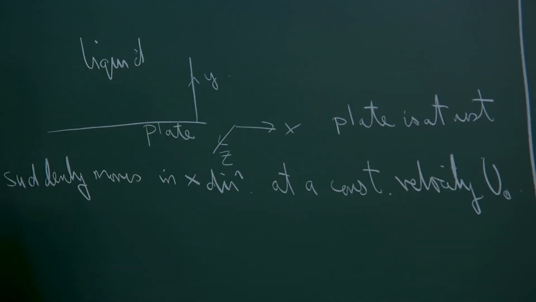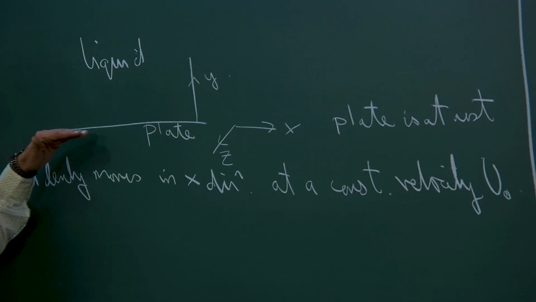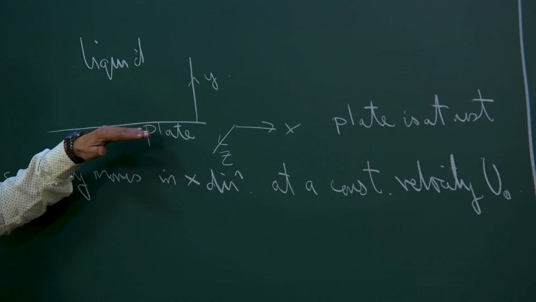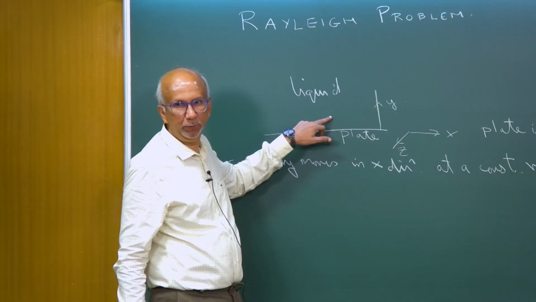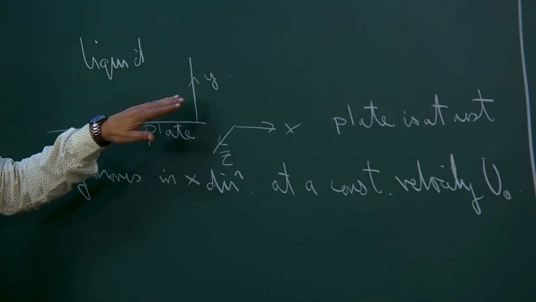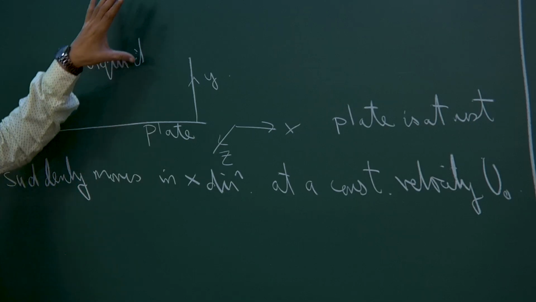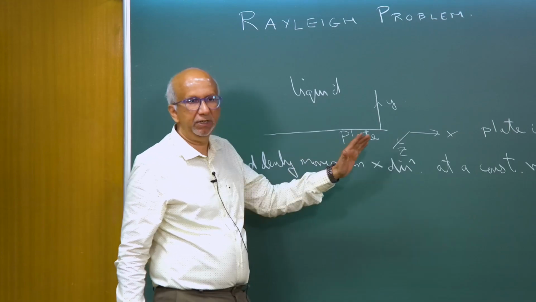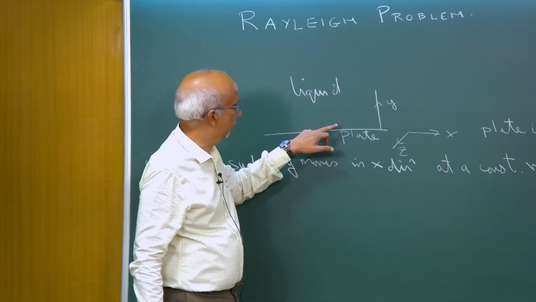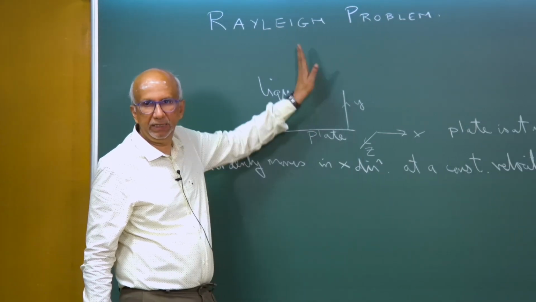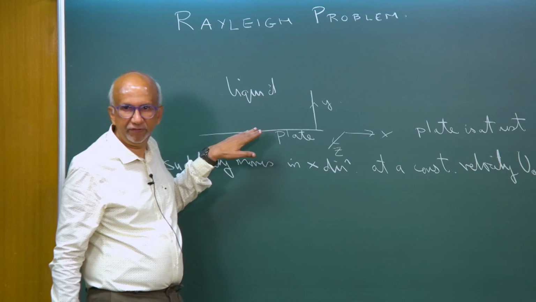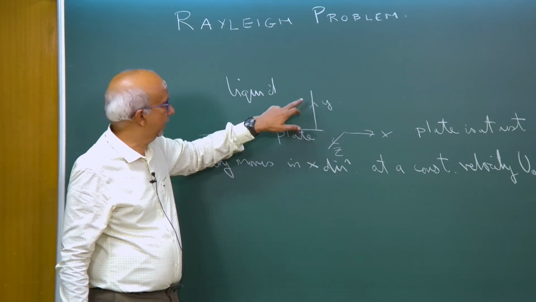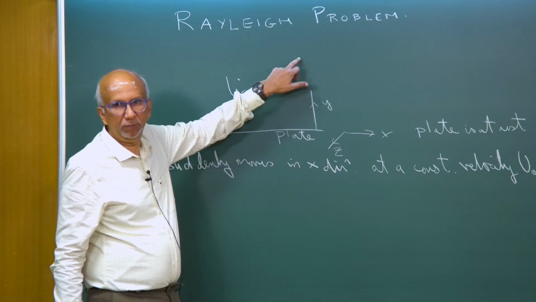So, physically what do I expect? When this plate is moving, the momentum of this plate is going to be transferred to the liquid next to it, it will drag the liquid next to it, and away from it the liquid will be stationary. As you keep waiting for more and more time, this momentum is going to diffuse in the y direction and the effect of the movement of the plate will be found by the liquid layers further away from the plate.